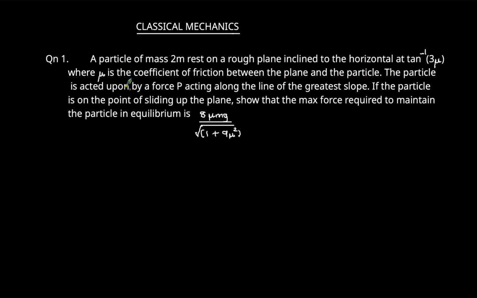The particle is acted upon by a force P acting along the line of greatest slope. If the particle is on the point of sliding up the plane, show that the maximum force required to maintain the particle in equilibrium is 8 mu mg over root of 1 plus 9 mu square.